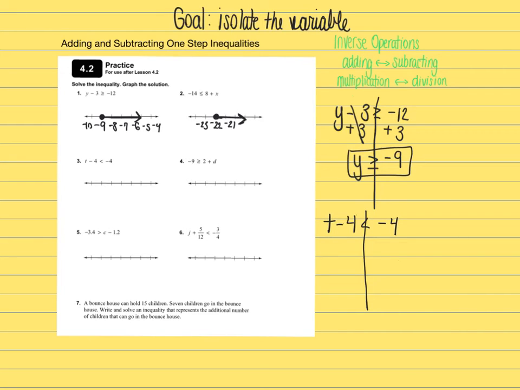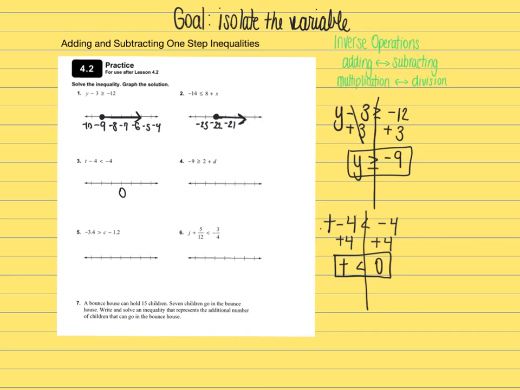My goal is to get the variable by itself. I start over here on the side with my t. I'm going to say that's negative 4. I need to do the opposite of that as positive 4, which means I need to do positive 4 here. I'm currently left with t here, my symbol here. And then I have negative 4 plus 4, which is going to give me 0. So t is less than 0.